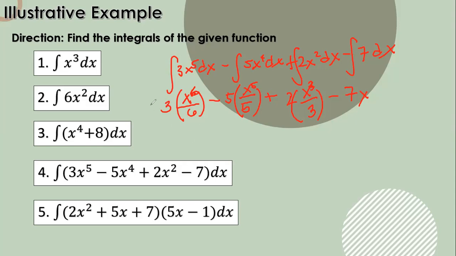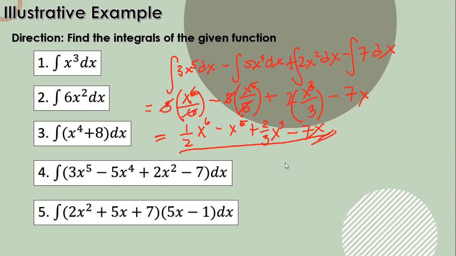Now, to simplify our answer, 3 divided by 6 is 1 half. x to the 6, minus, cancel out 5 for this term, so minus x to the fifth plus 2/3 x cubed minus 7x. And that will be our final answer.